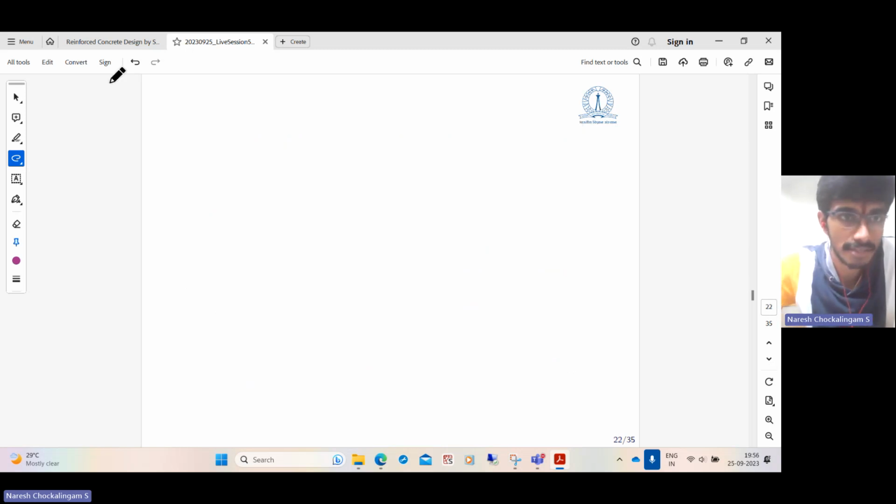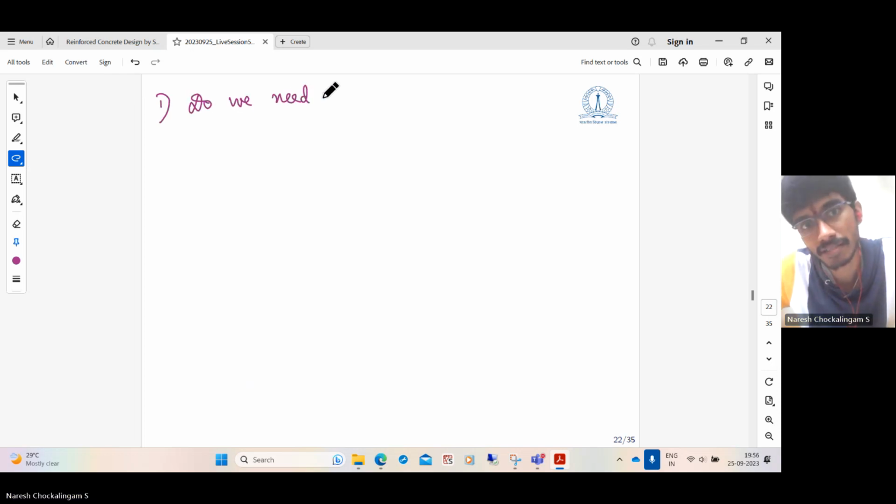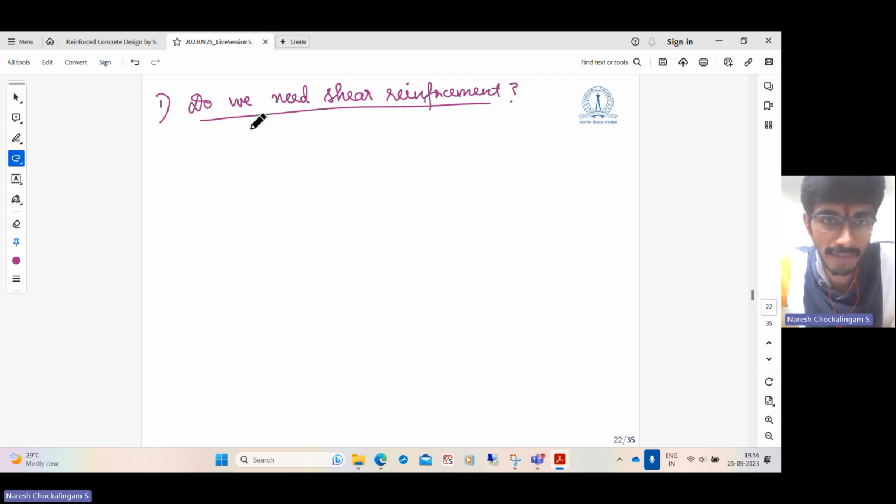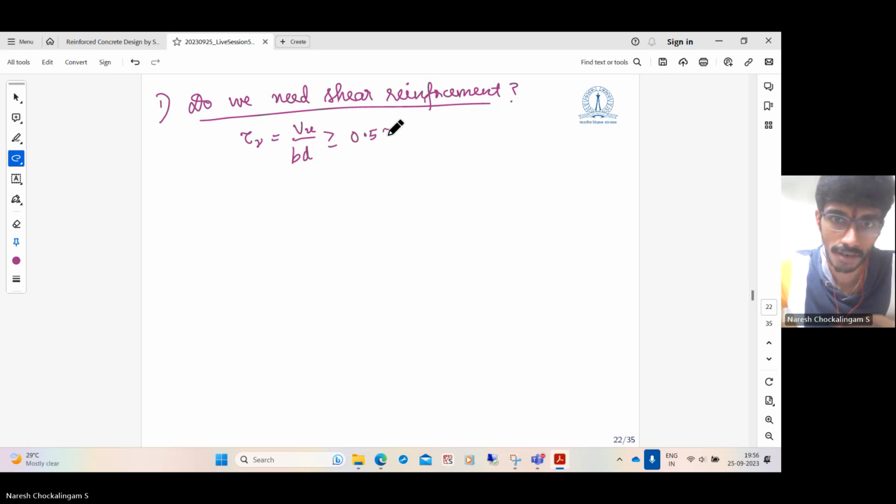So first question that we need to answer is, do we need shear reinforcement? So we know that we need shear reinforcement only when the nominal shear stress in the cross section, which is Vu by bd, is greater than or equal to 0.5 times the shear strength of concrete.